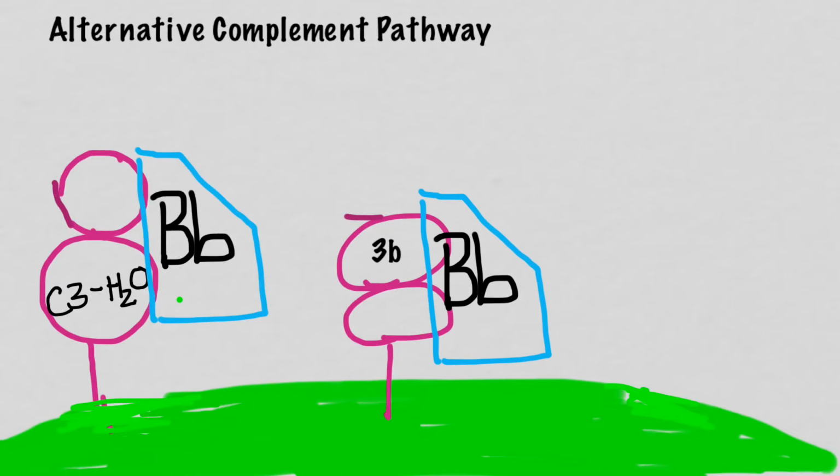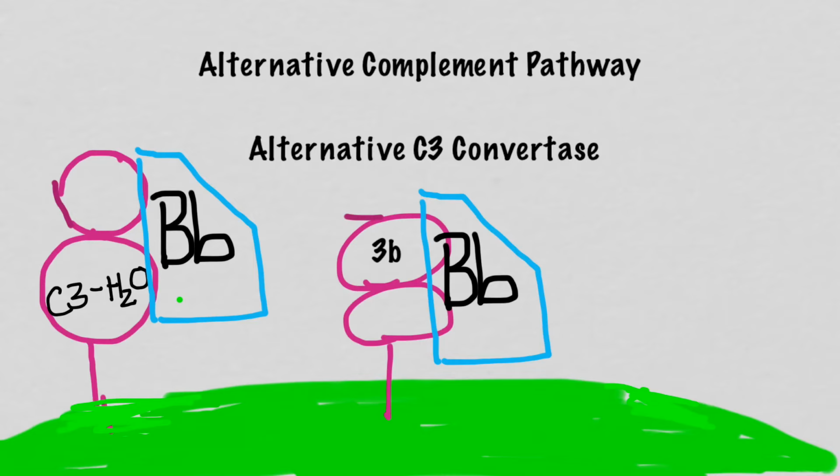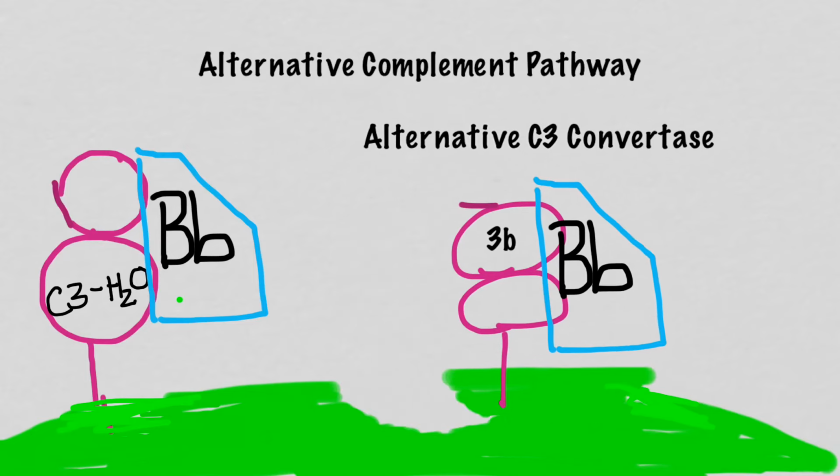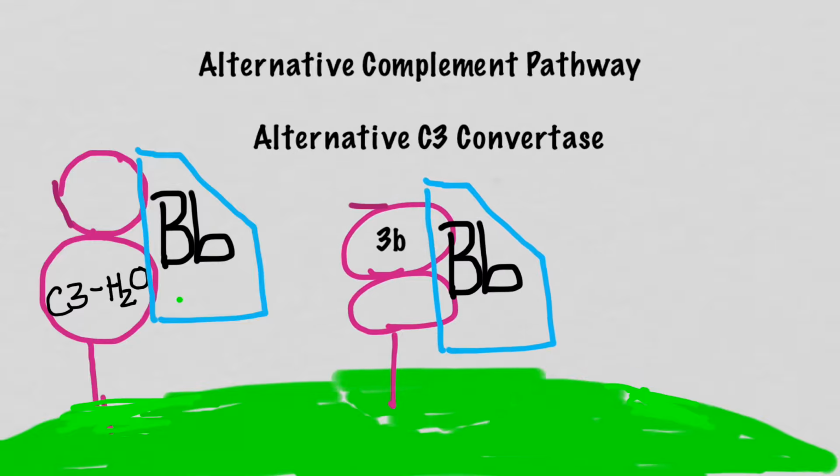This is another alternative C3 convertase. So this actually sets up another one of those big amplification steps, where then you're just going to have C3bBb forming in a lot of different places and binding, and you're going to create a lot more of this alternative C3 convertase.